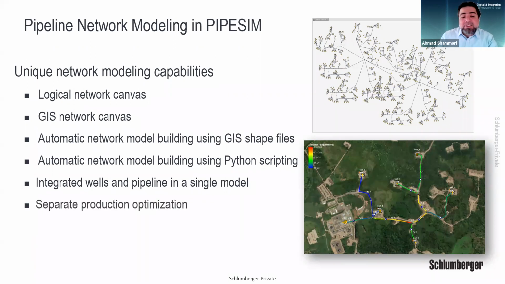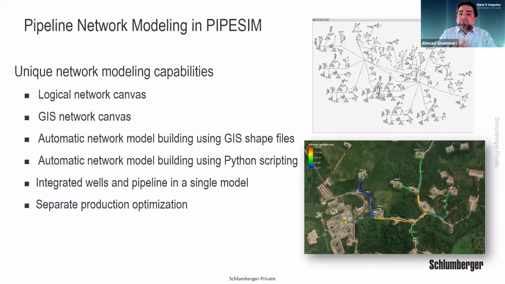And then we have a separate production optimization service. What we have is the network simulation, which is the model itself with all its configurations based on the current operational data. And then you can run an optimization service on top of that.